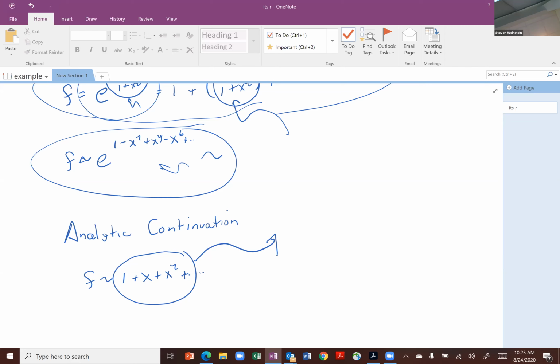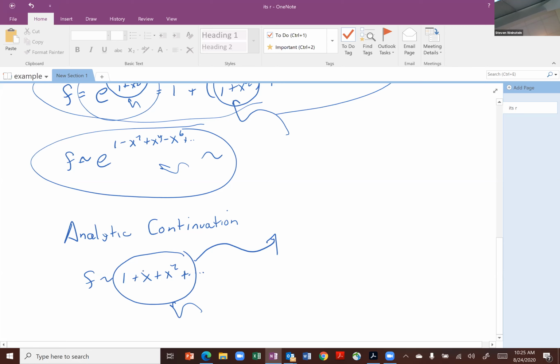The problem is there's an infinite number of them. So you give me any finite series, which is a representation of an infinite series, and I can tell you an infinite number of ways that I can get to this asymptotic expansion up to that order.